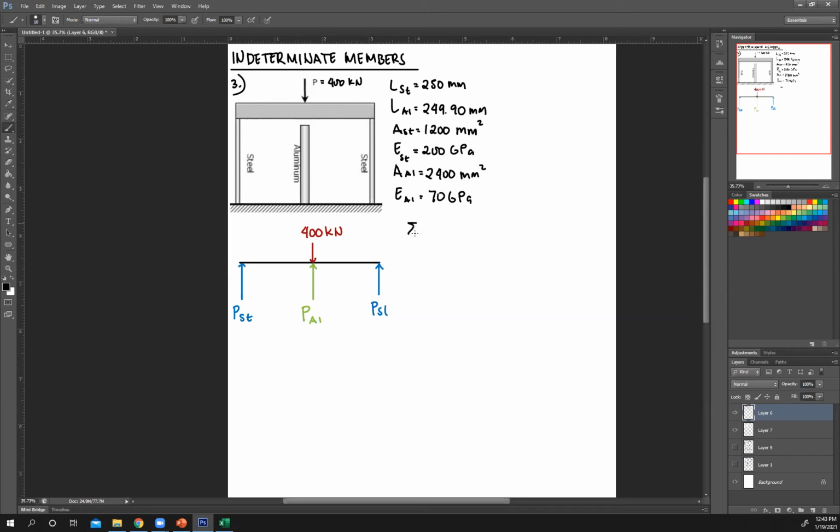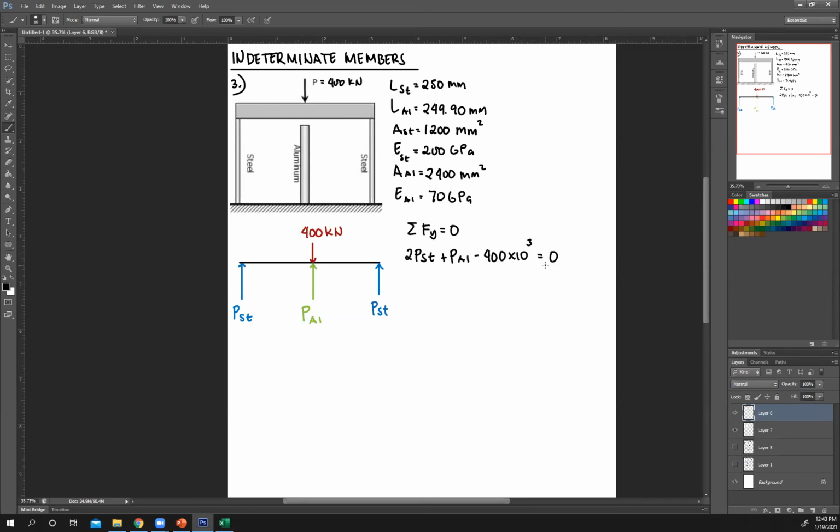Next, summation of forces equals 0. You have PST plus PST, so that's 2 PST upward, therefore positive, plus PAL upward, therefore positive, and then minus P, or minus 400 kilonewton, equals 0.